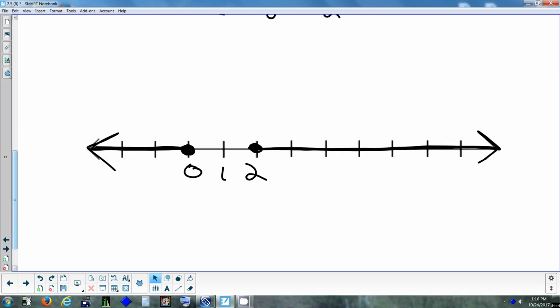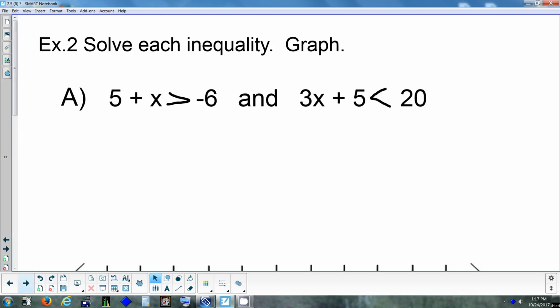Okay, any questions on that one? All right, why don't you guys take a minute? Don't do the graph yet unless you finish, but see if you can solve the one on the left, which is basically a 1-step, and the one on the right, which is a 2-step.